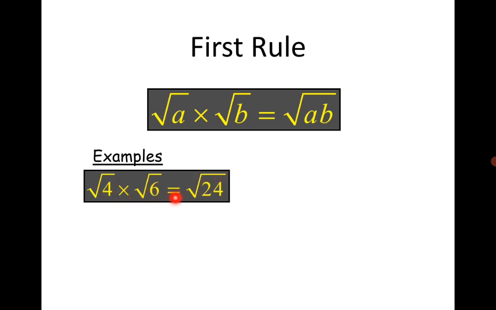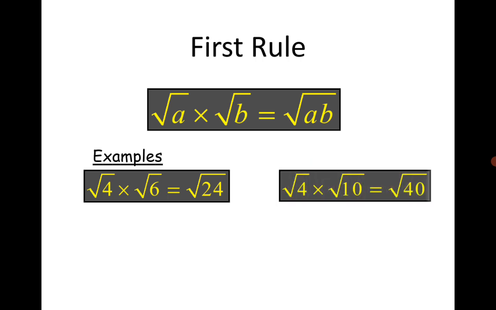Just take 4 times 6, that's 24, and then you compute the square root of 24. It's the same. So all we have done here is to multiply the two numbers 4 times 6 and then put them under a common root sign. Another example is root of 4 times root of 10 is the same as root of 40. Just take 4 times 10, that's root of 40.